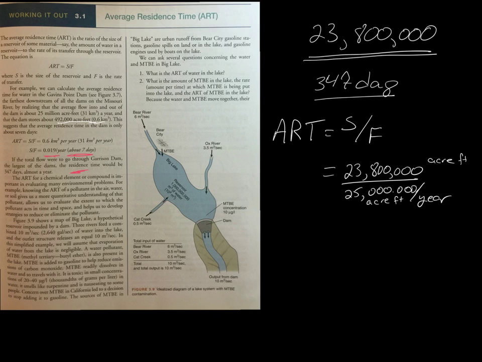You would get 0.952 years. I want to say again that what you're doing is you're inverting this fraction, which is 25 million acre feet per year, and you're inverting it and multiplying. So you end up dividing by 25 million, but the acre feet cancel out and your years are on top.